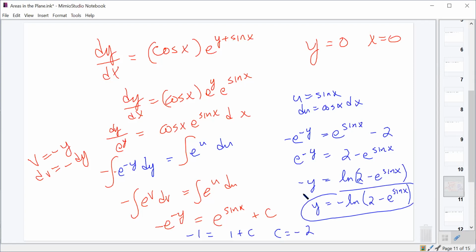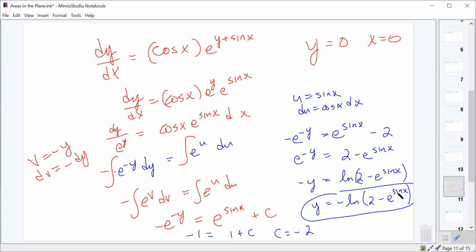And in terms of interval of validity, we can only take the natural log of things that are positive. And e to the sine x, well, we know that sine x is always going to be between negative 1 and 1.